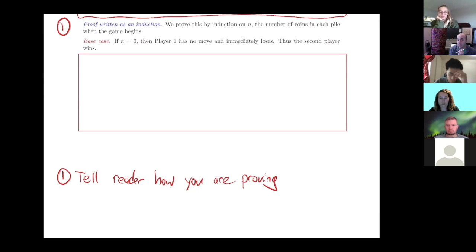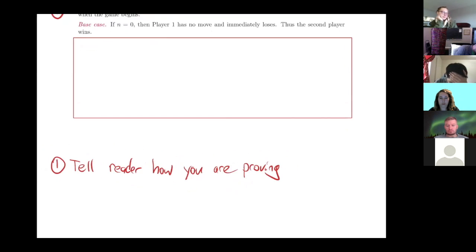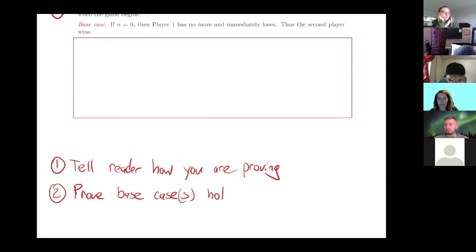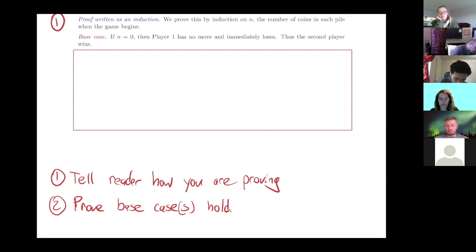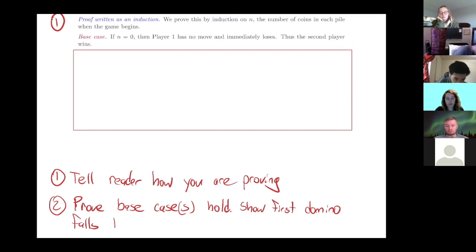It might be more than one thing. Okay, so again, there might be more than one of those. We'll see some other examples of this. So you're going to prove that the statement holds for the smallest value of n.